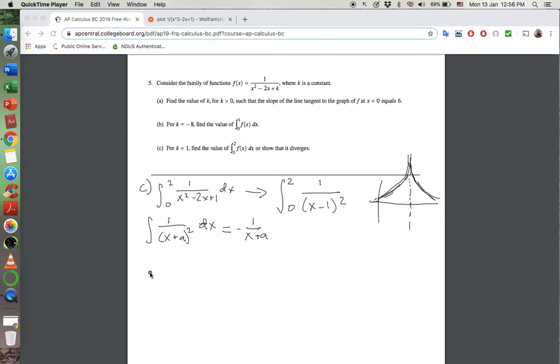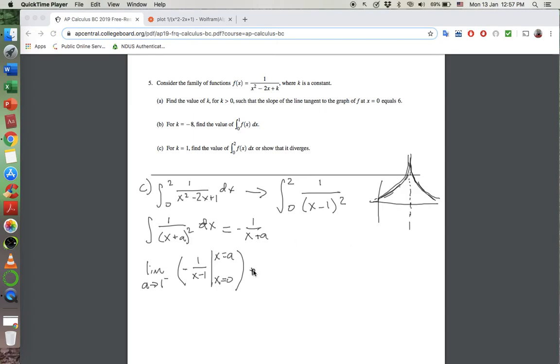All right, so we're going to break this up into two limits. We're going to approach 1 from the left side, so we've got the limit as, we'll call it a, approaches 1 from the left, and then our integral here is negative 1 over x minus 1, and we'll say this is from x equals 0, that's our starting point, to x equals a, which is very, very close to 1, as close as possible, but not quite 1, because at 1 the denominator is equal to 0 and the function is undefined.